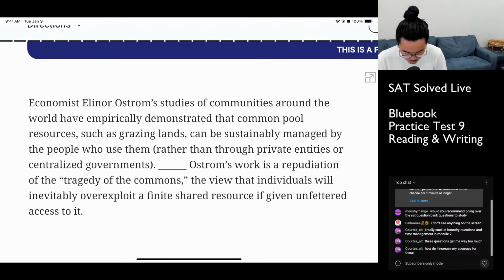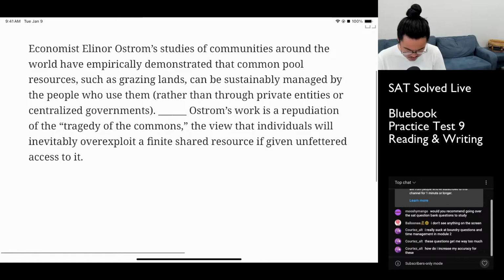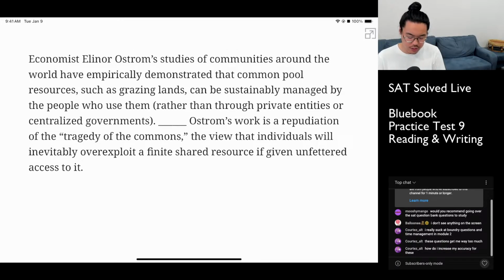Economist Ostrom's studies of communities, by the way, that previous one was totally new to me, have empirically demonstrated that common pool resources can be managed by people who use them, not through governments. Or as a result, it repudiates the tragedy of the commons, which is that people will overexploit a resource.